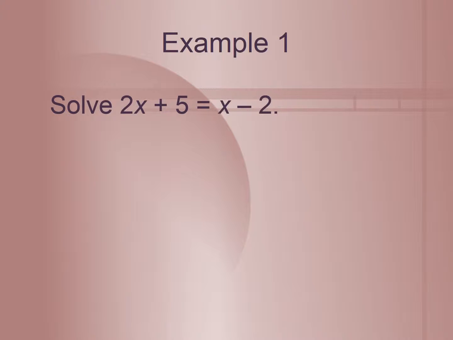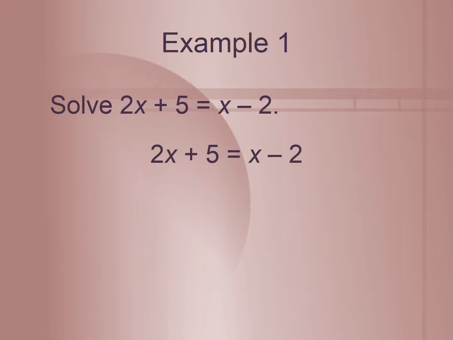Let's say we want to solve 2x plus 5 equals x minus 2. I notice that I have variables on both sides of the equation, and that's not what I want. I know that I can subtract x as long as I subtract x from both sides.